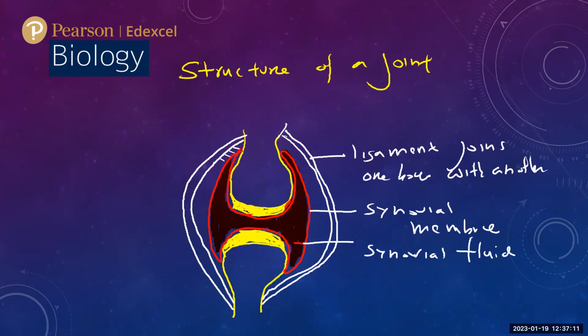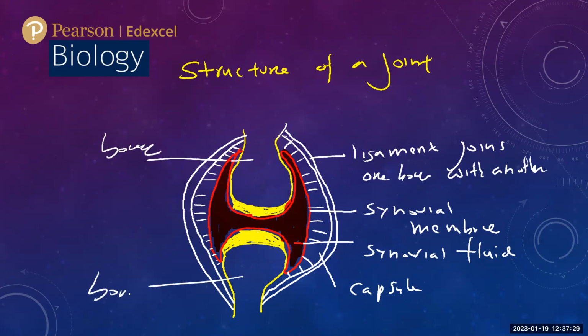And this part, between the synovial membrane and the ligament, is called the capsule. This is the other bone, and these two are cartilage. So can you copy this one? Structure of the joint.